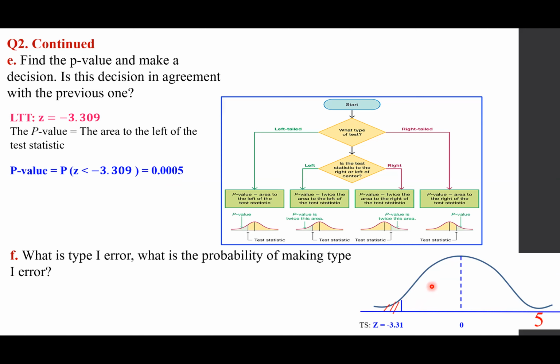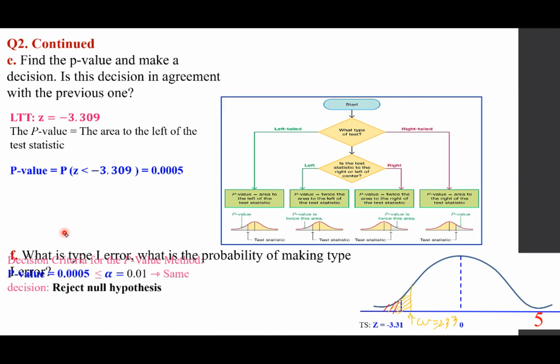If you remember on the previous page, the CV was negative 2.33. And so this area, which is alpha, is larger than the red area, which is the p-value.